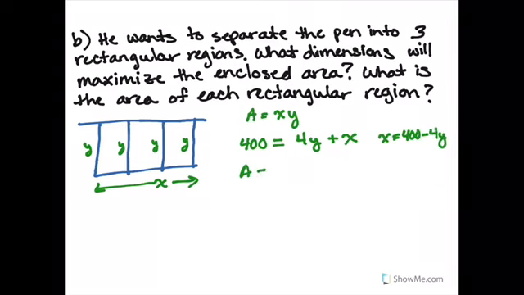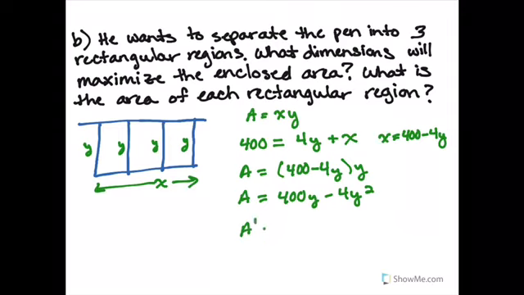So my area equation becomes 400 minus 4y times y. Distribute that y, I get 400y minus 4y squared. And now we take a derivative. Derivative of 400y is 400.